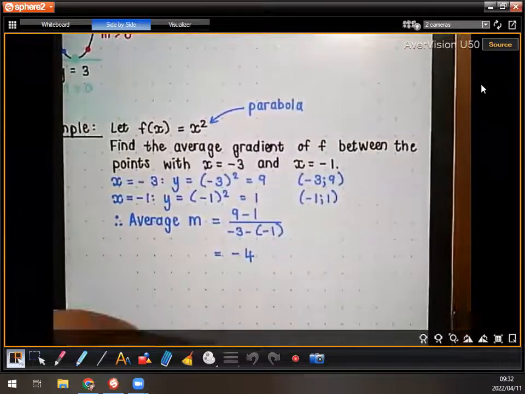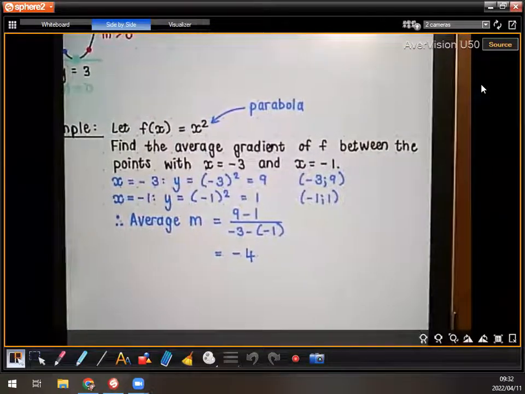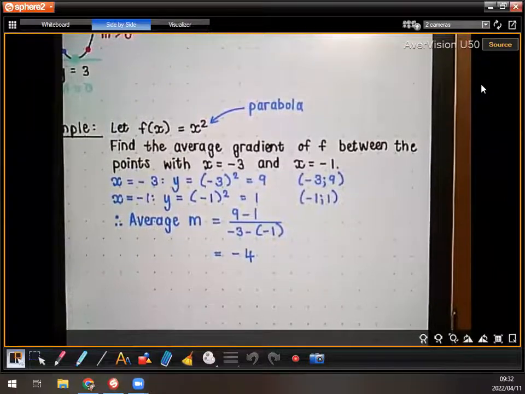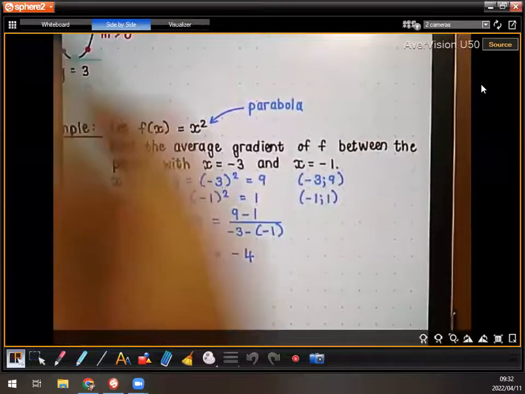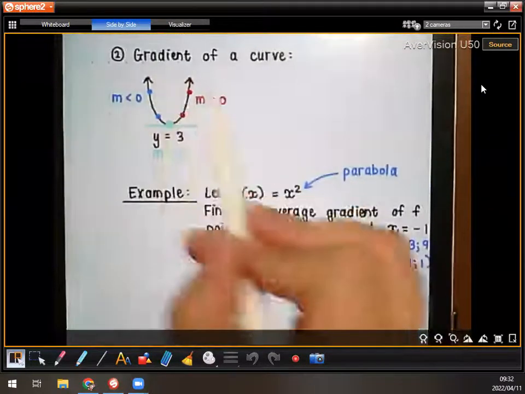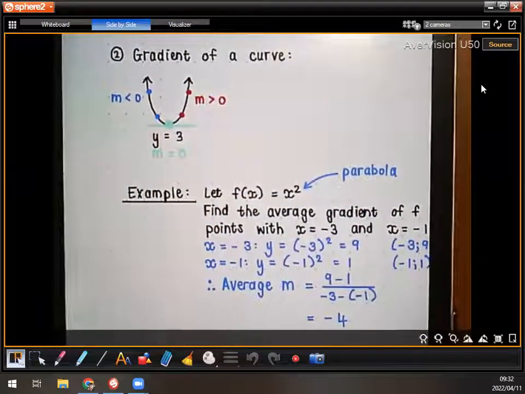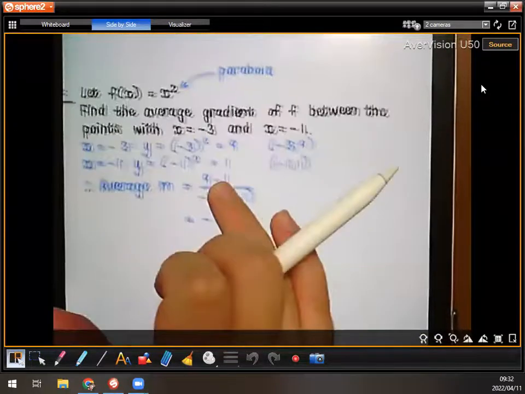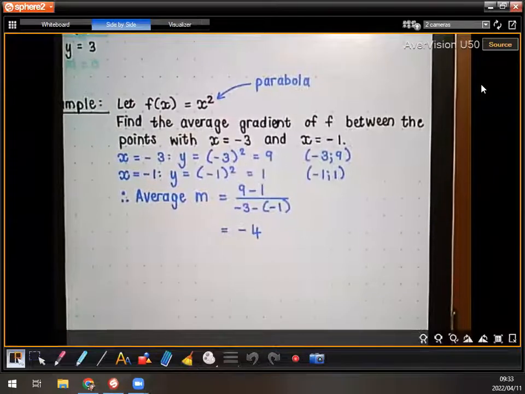Yes, but the thing is, it's not the gradient of the whole curve. It's just the gradient of the curve between those 2 points. If they had given us 2 other points, the gradient would be different. But yes, we are just calculating the gradient between. Yes, correct.